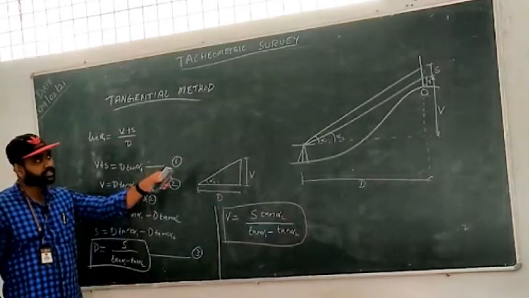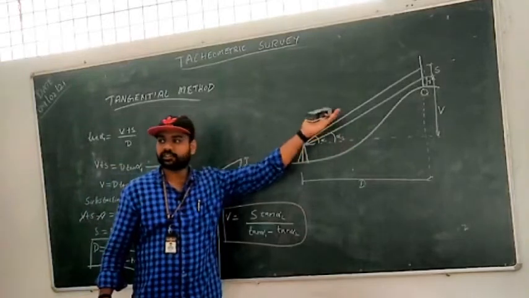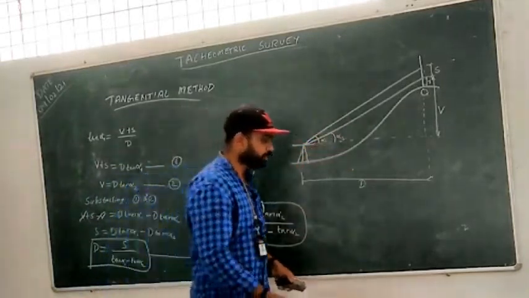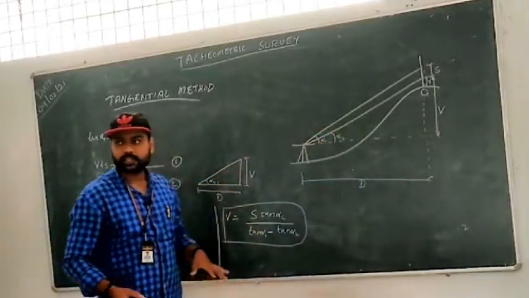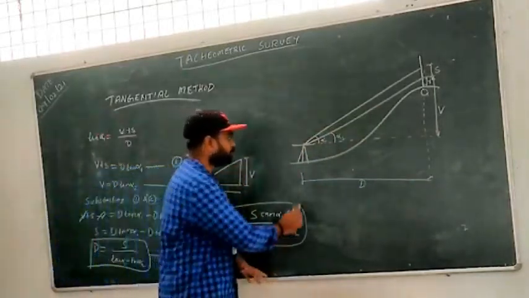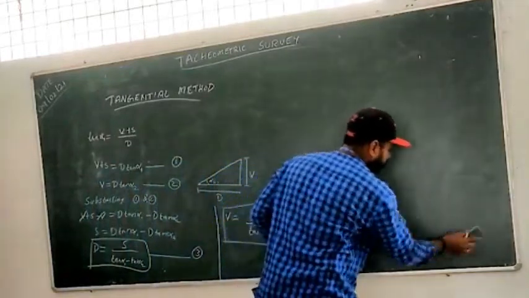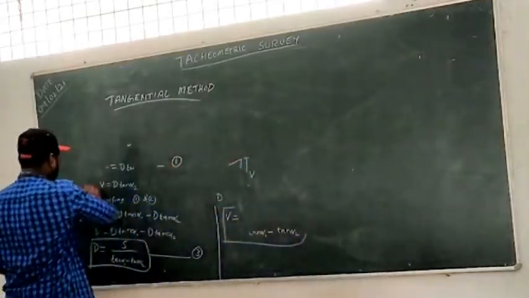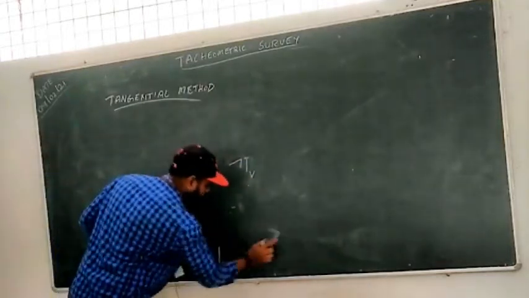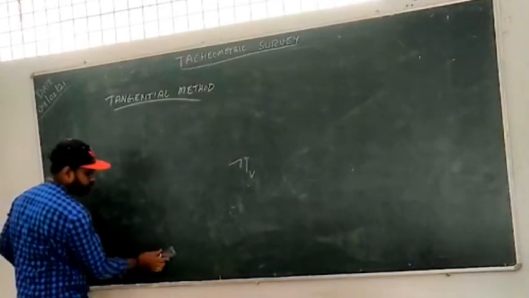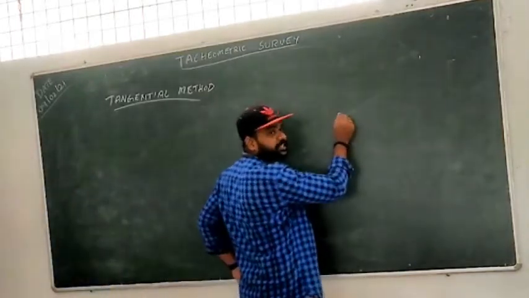So this is the derivation when the angle is in elevation. If the angle is in depression, what will the equation be? We will derive that now. Anyhow, I am sending the notes in the group so that you can refer to them.